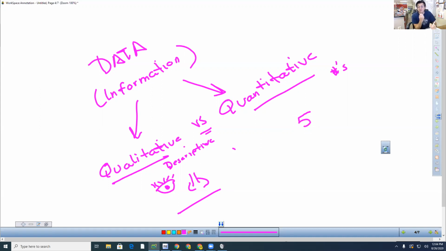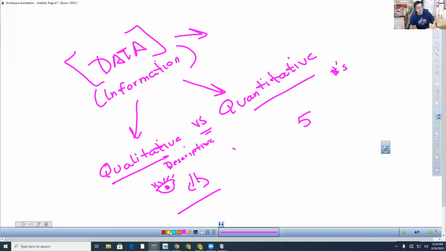You need to know the difference between the two. Any questions, concerns? Science is all about data because the data helps us understand the relationship that we're studying. Write that down in your notes.